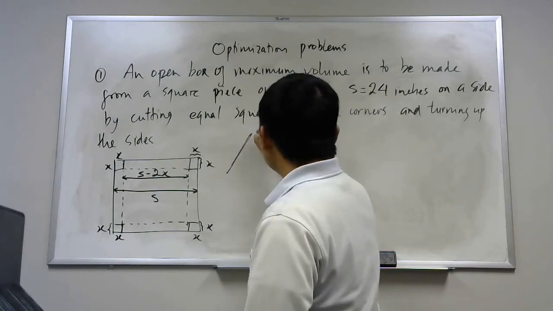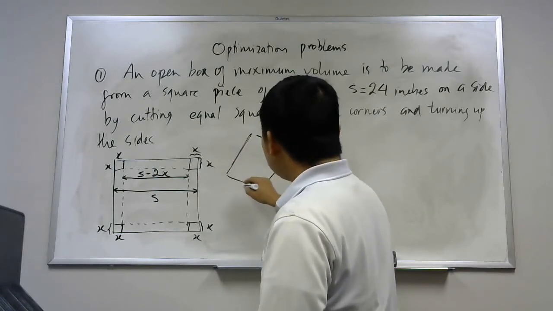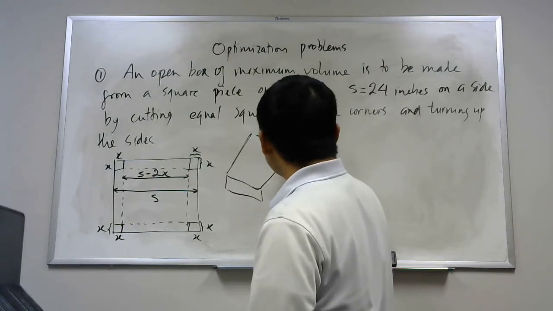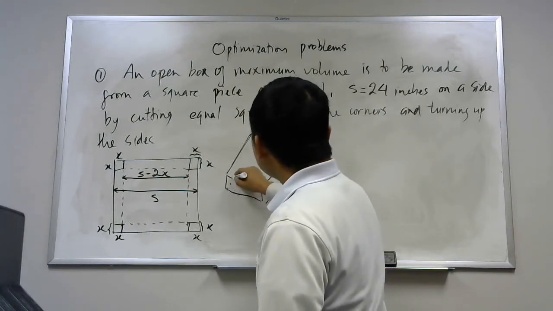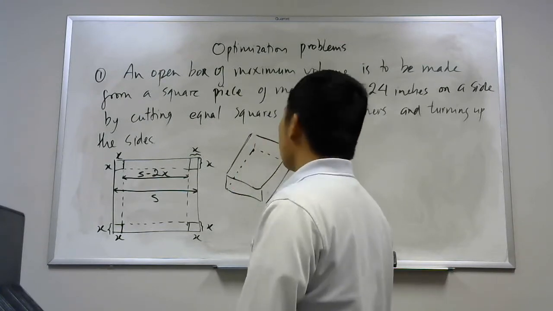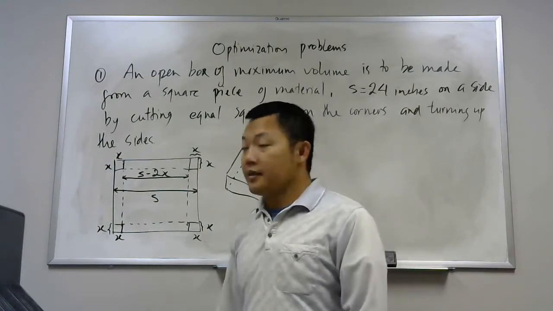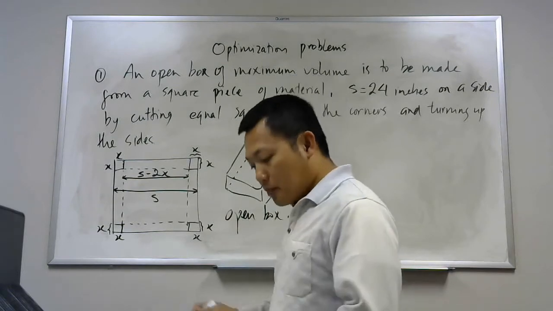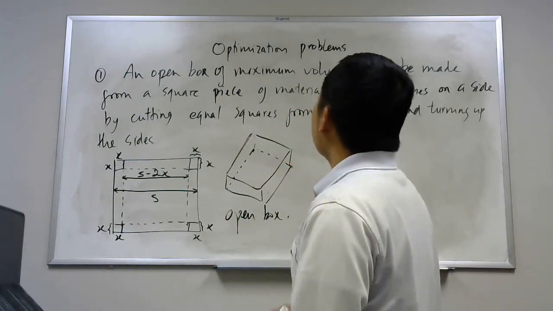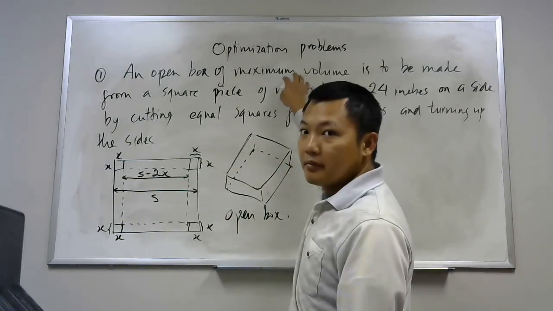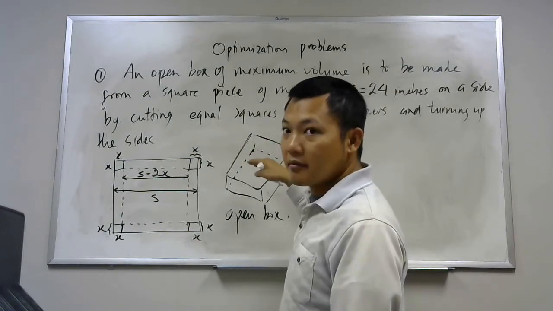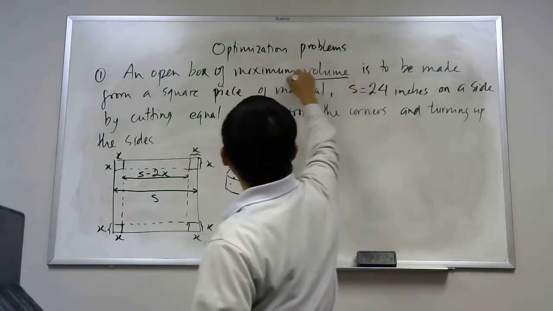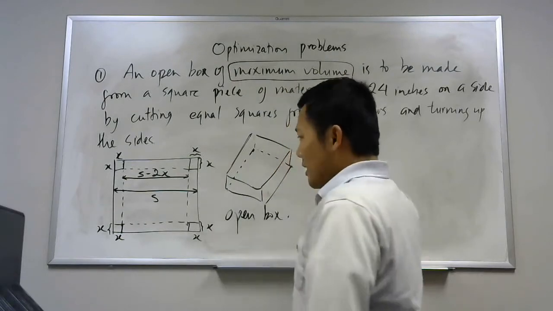This is the box. And the box is open. This is an open box. So our problem is to find the maximum volume among boxes.